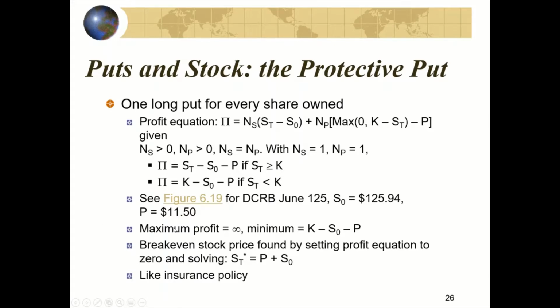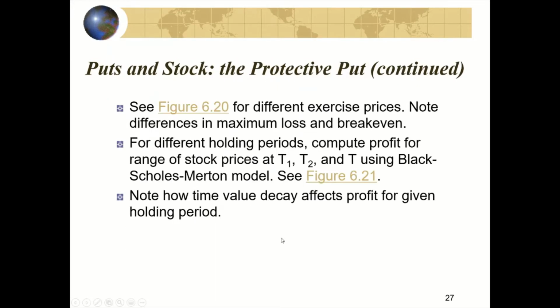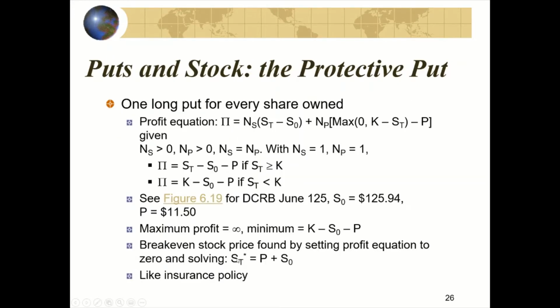There is no maximum, but the minimum is basically the difference between how much I'm going to sell the stock for by exercising the put option, how much it costs me to buy the stock, and how much it costs me to buy the premium. You can think of the put here as an insurance policy.